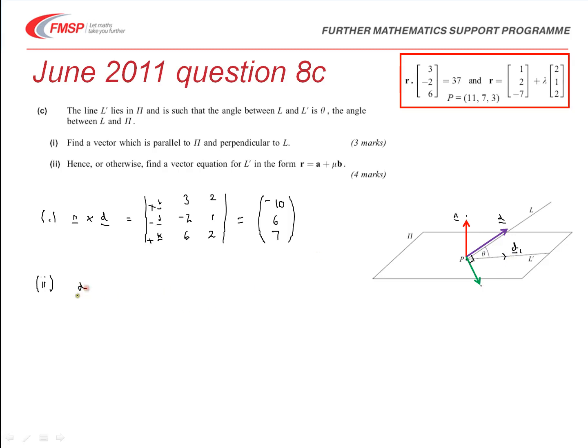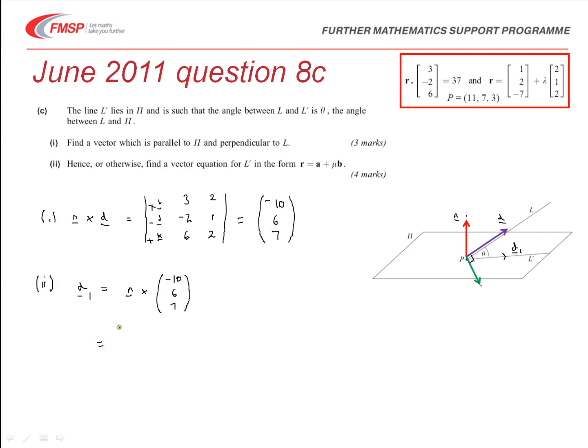So to find D1, we have got to do the normal crossed with this direction vector. Okay, does it really matter which way round we do it? Not really. So if I do N crossed with negative 10, 6, 7, that's going to work.